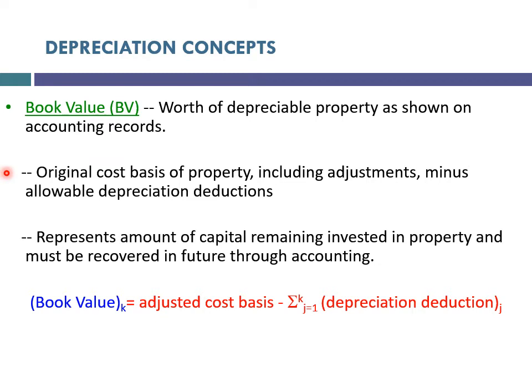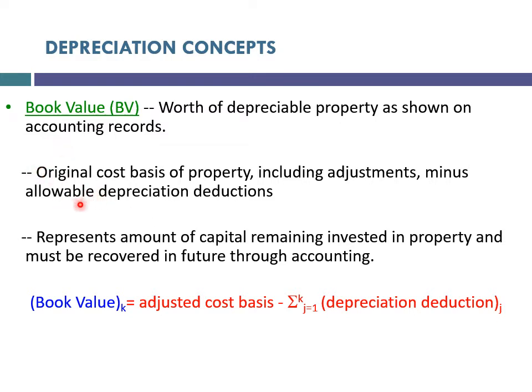Every firm has their own accounting records, and in these accounting records, they have all their information related to their assets, whether these may be physical assets, buildings, cars, and so on. For all of these assets, you need to write its economic value. And in these accounting records, the value that is written is called the book value.